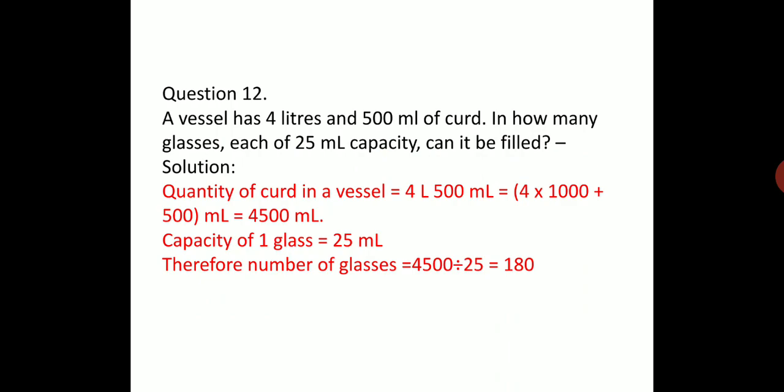Capacity of one glass is how much? 25 ml. Therefore the number of glasses will be 4500 divided by 25. Again here, while doing cancellation, don't try to reduce, directly divide by 25. Sometimes we may get an answer lower than this. So the answer is 180 glasses.